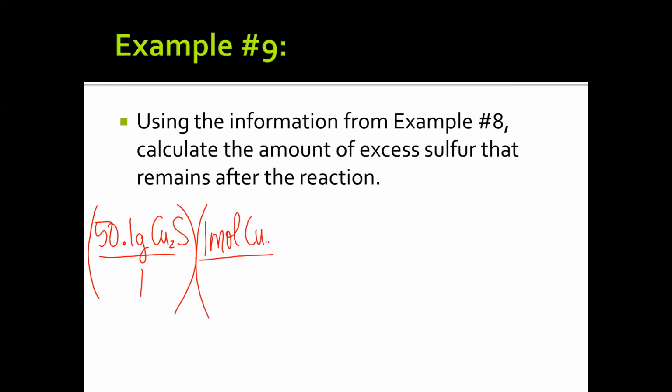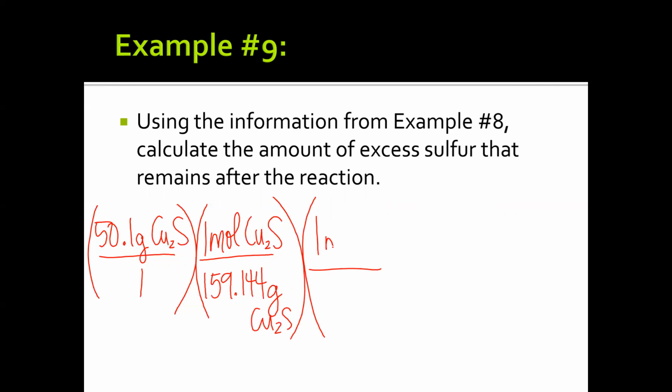And this is the molar mass of what we have, the Cu2S, which was 159.144. Then to go back to sulfur, it's just going to be a 1-to-1 ratio, which is really nice. But we're going to put 1 mole of sulfur in the numerator and 1 mole of Cu2S in the denominator. That way we're getting rid of Cu2S and we're switching to sulfur.